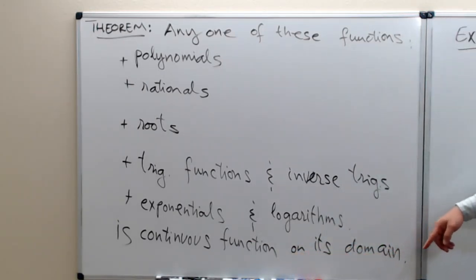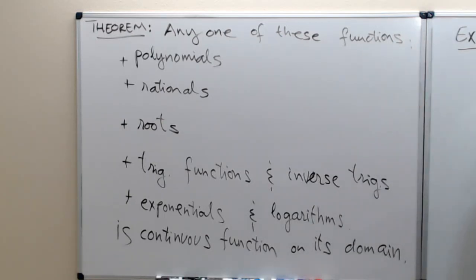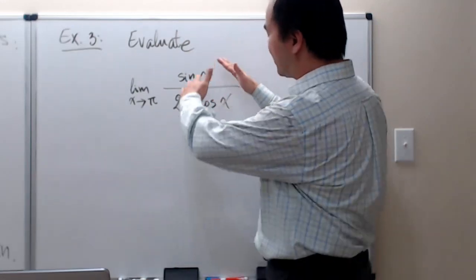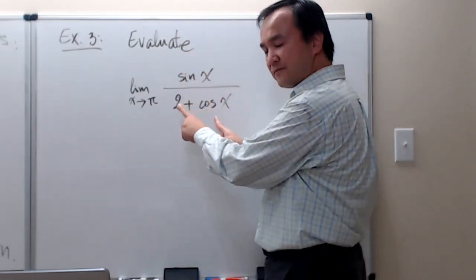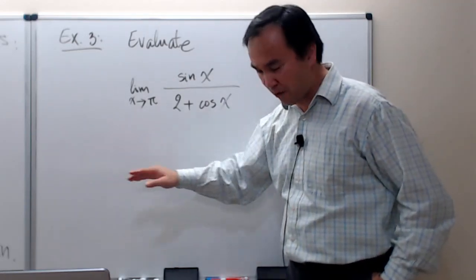So how is this theorem useful in our particular example here? Of course, this kind of limit problem was never brought up in any of the earlier lectures prior to this point.